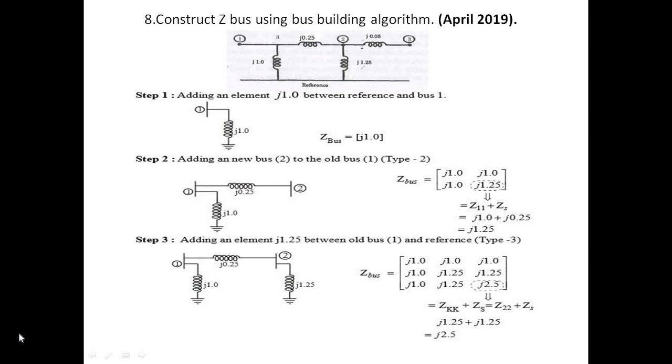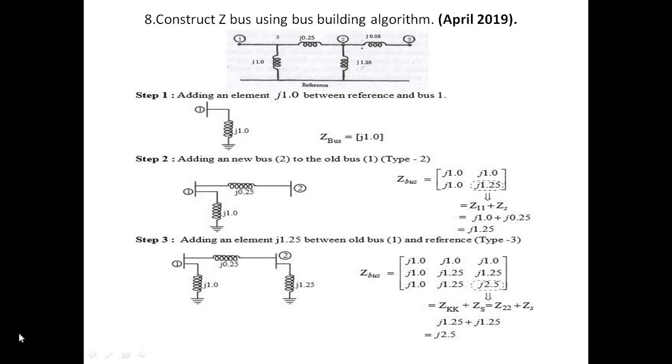That is equal to Z11 plus Zb equal to j1.0 plus j0.25. Type 3, adding an element j1.25 between old bus 2 and the reference. In between the element of 1, 2 and the reference bus of the 3. In this type, j1.0, then 1 to 2 j0.25 and another 2 to reference is j1.25.